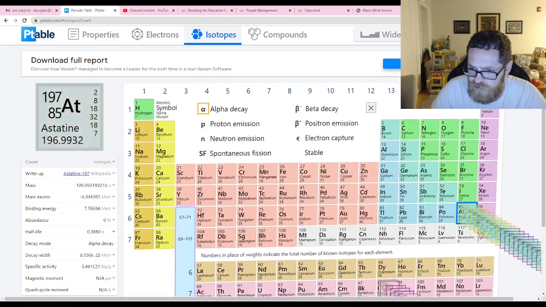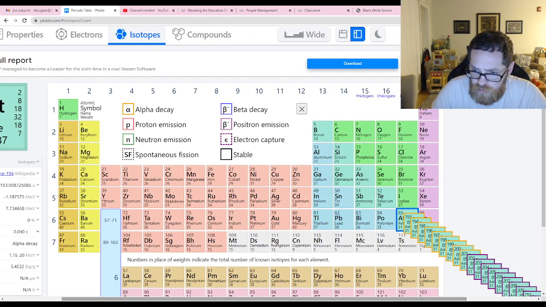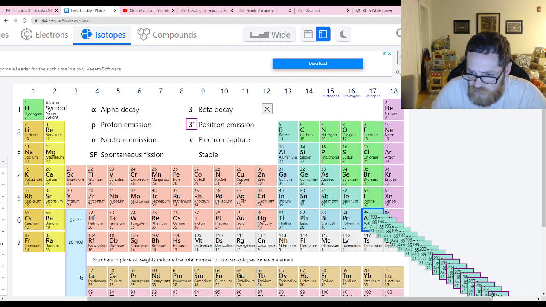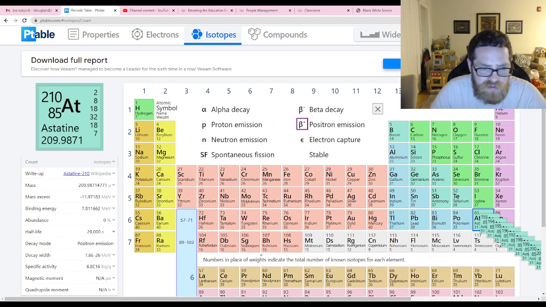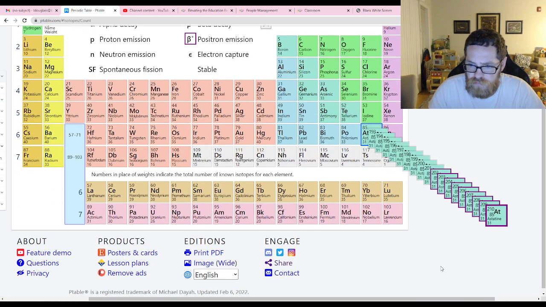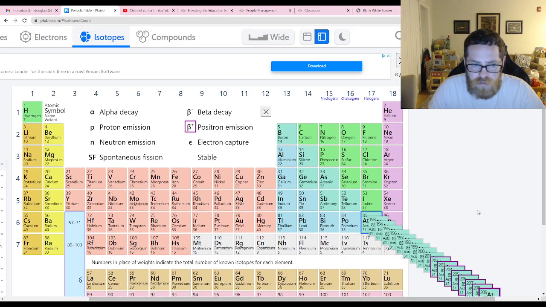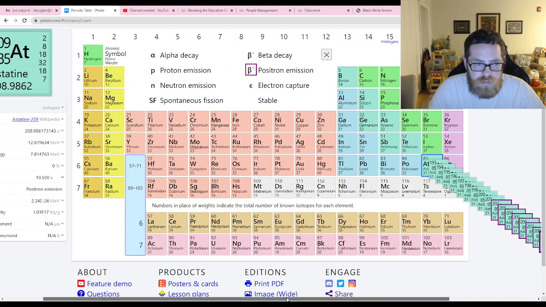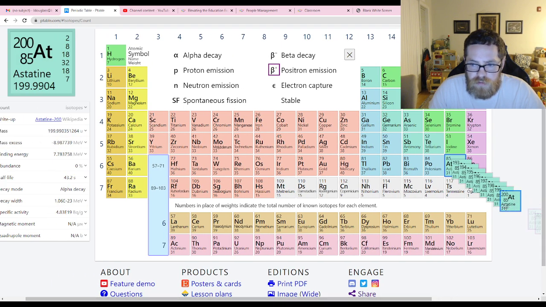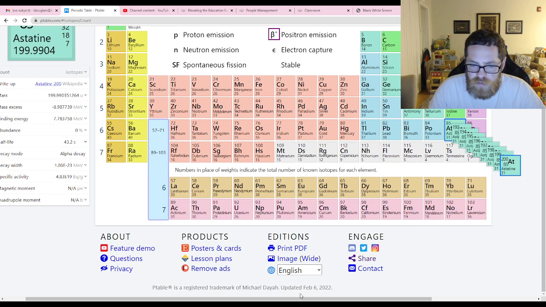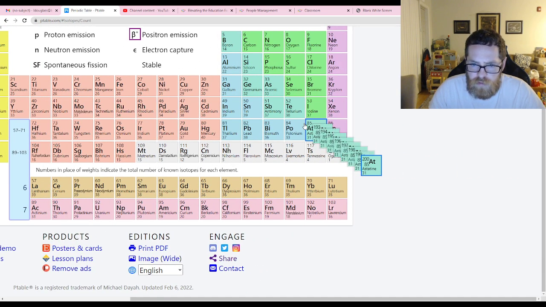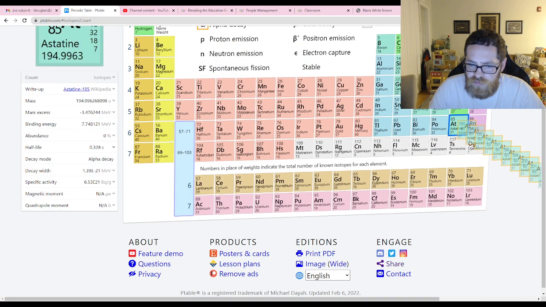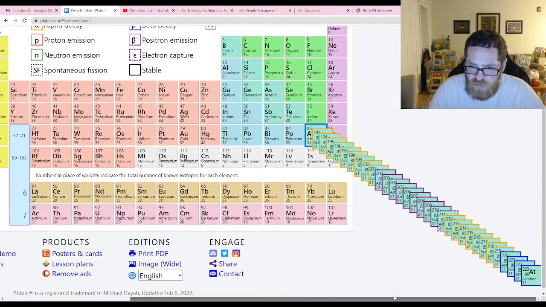That seemed a little low to me. Let's see. 210. And let's compare these numbers. No, not 210. Well, my apologies. Seem to be having trouble finding the most common isotope.